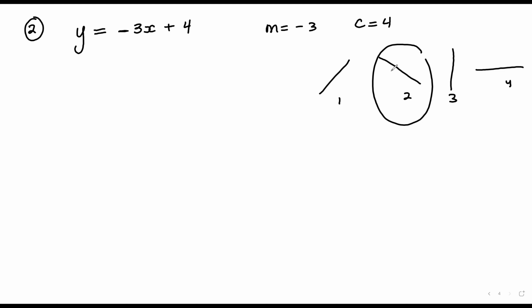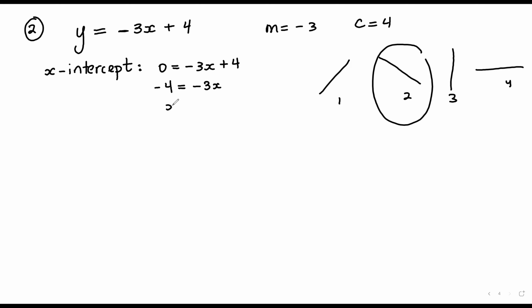Thank you. And now, how do I find the x-intercept? Do you remember how to find the x-intercept? You put 0 equals -3x plus 4. That's right. And then I solve for x. So this will be 0 take away 4, which is -4. -4 is equal to -3x.